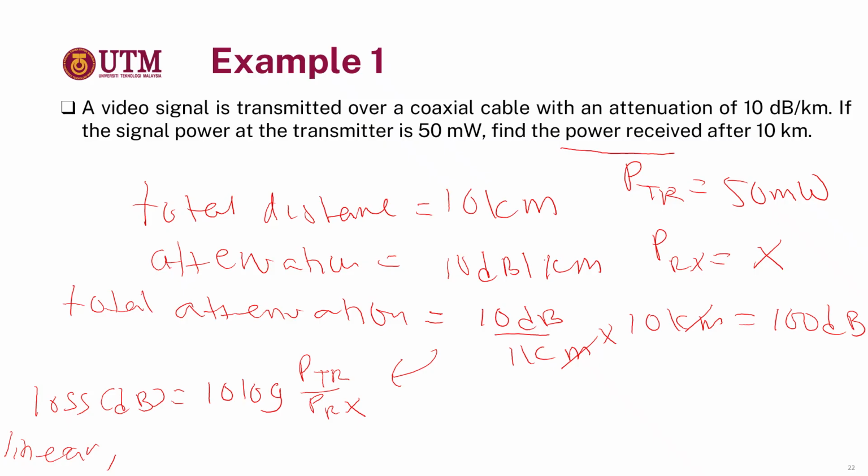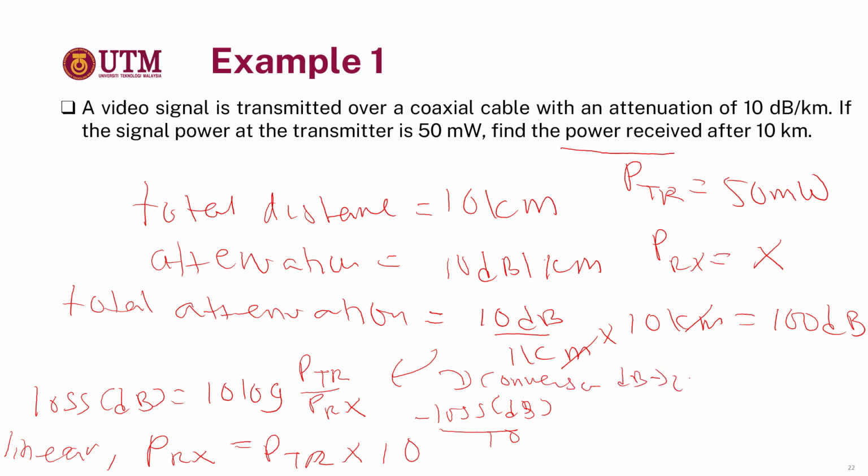So here we have P receive. We rearrange the equation above. P receive equals P transmit times 10 to the power of negative loss in the dB scale over 10. This is a conversion from dB to linear. After that, we put in the values that we have.